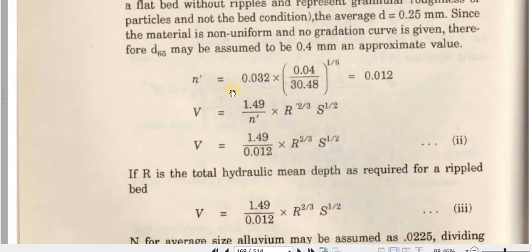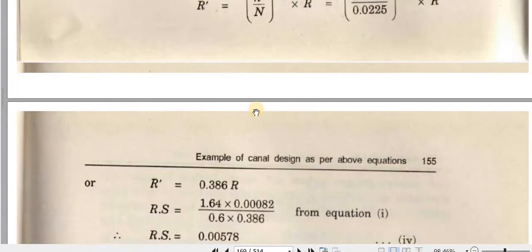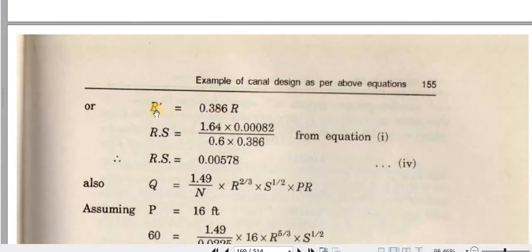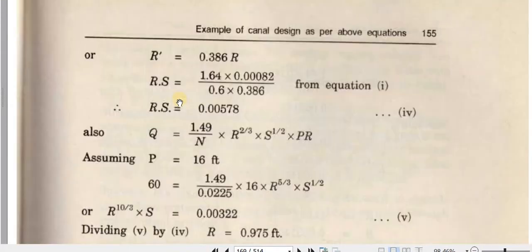So from equation 1, from this equation R dash S, RS, we have R dash in terms of R. So you have to calculate R is equal to R dash over 0.386. So you have to enter in this equation R over 0.386, and it will be used here from equation 1.